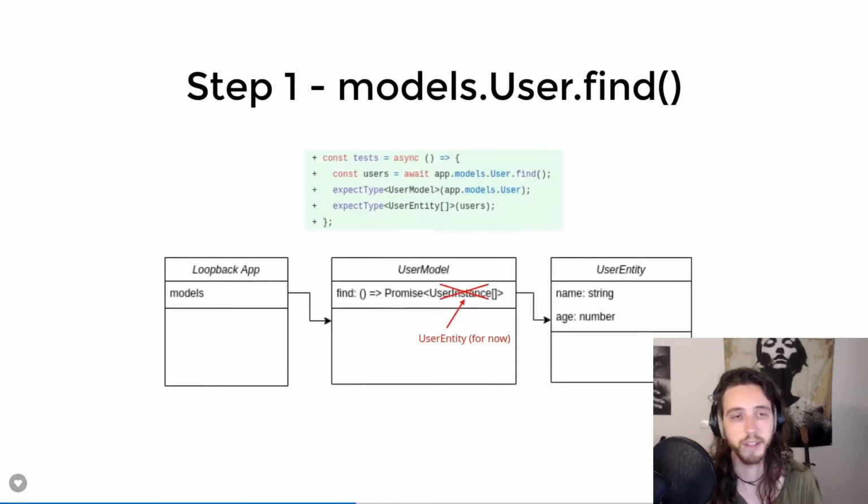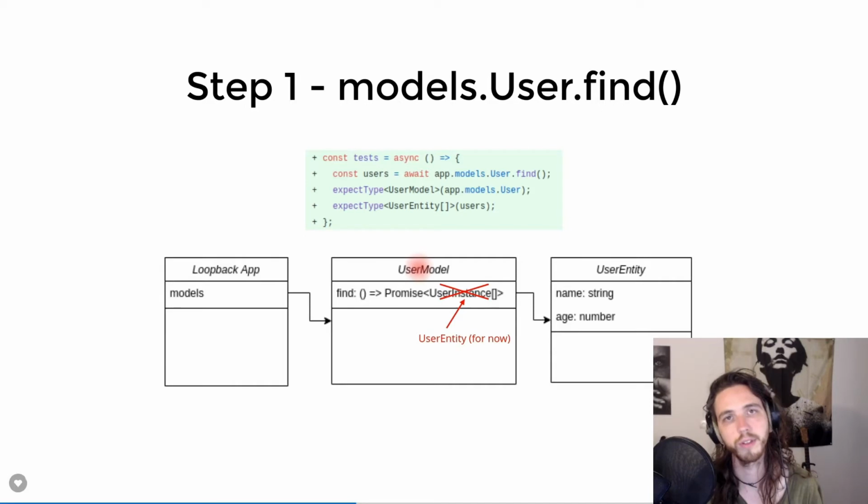Let's get started. First step, let's implement a very simple find method. Really dumb, no parameter, nothing. To do so, we'll need to implement the type of the Loopback app, having a list of models.